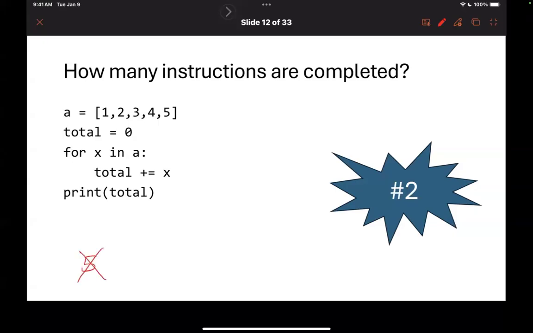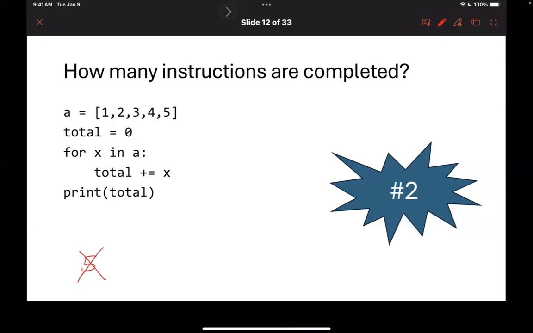It's 8. Why? You do a loop for 5 of them. So there's the first 2, and then there's 4, and then you add, and then you run through it 5 times, and then that adds to it.